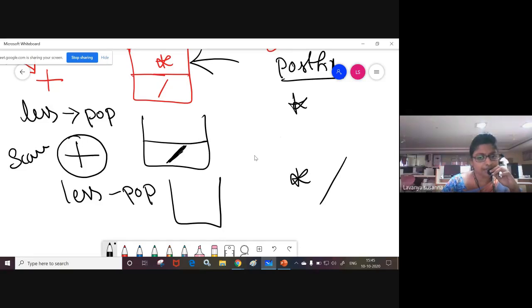The stack is empty. When the stack is empty, you need to push the scanned symbol onto the stack. Remember that.